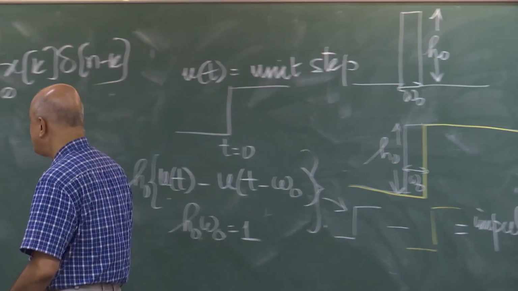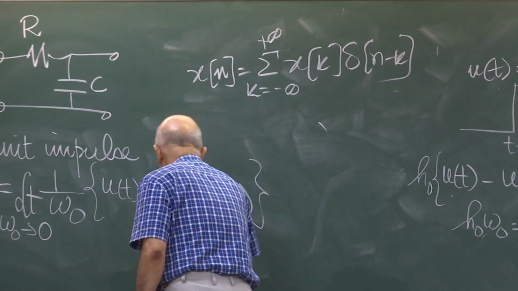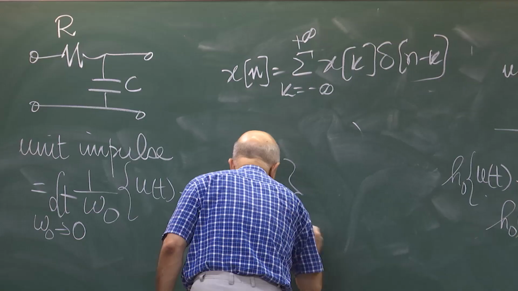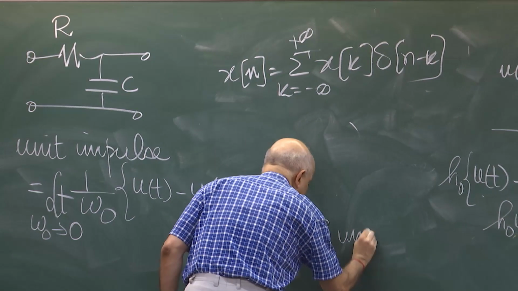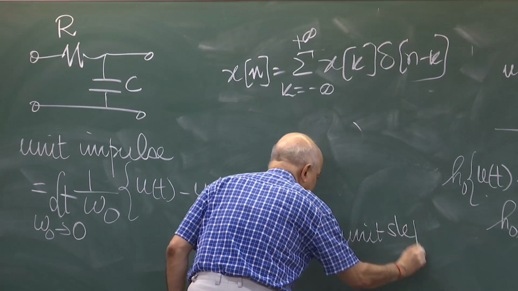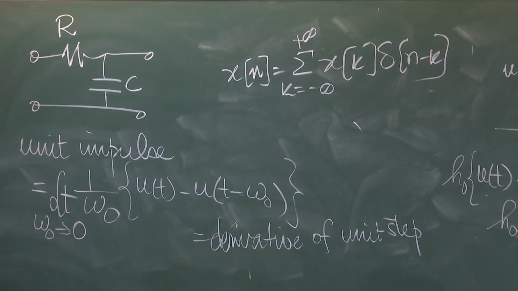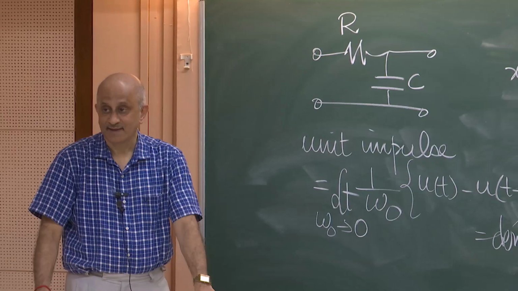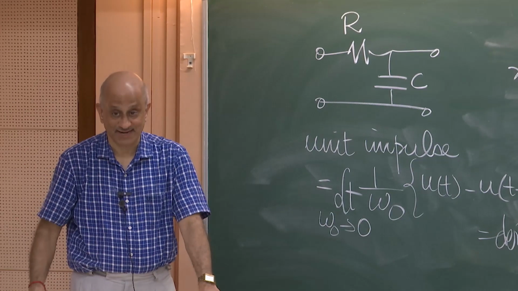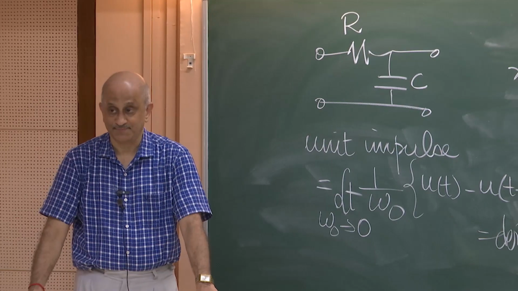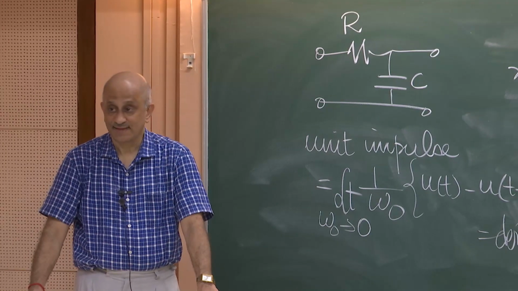Differentiation. That's right. So, this is essentially the derivative of the unit step. So, unit impulse is really the derivative of the unit step. Is it clear to everyone? This is an important step to be appreciated. The unit impulse is the derivative of the unit step. Is that right?